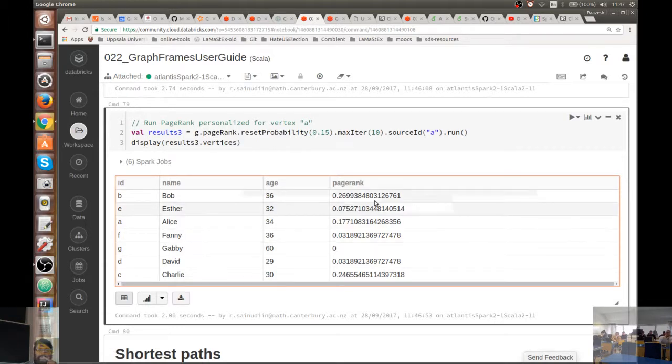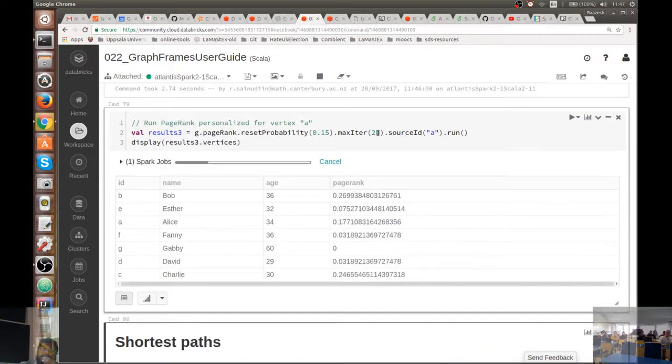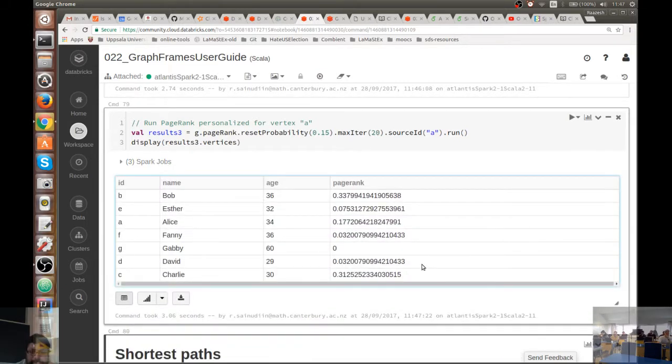Yeah, so now Bob has a higher rank. So if I have my initial condition from A, this is essentially what will happen after 20 iterations of this.